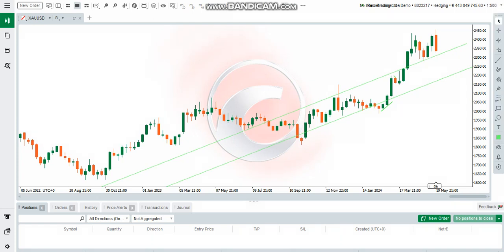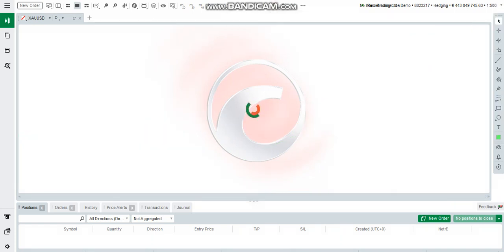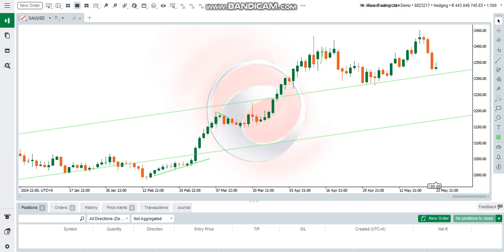So what I do now, going to my daily, I can actually wait for the right price action to go long. You can see that I have a bullish candle. Friday's candle closed bullish, so I'm expected to buy here.